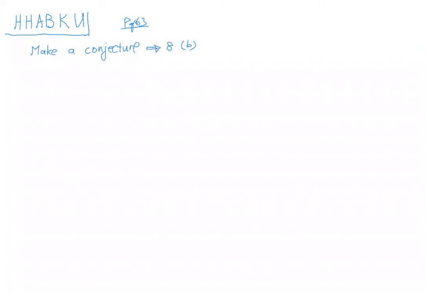So do you know how to do part A? If you know how to do part A, can you please do part A first now? Everyone in the class, can you do part A first?